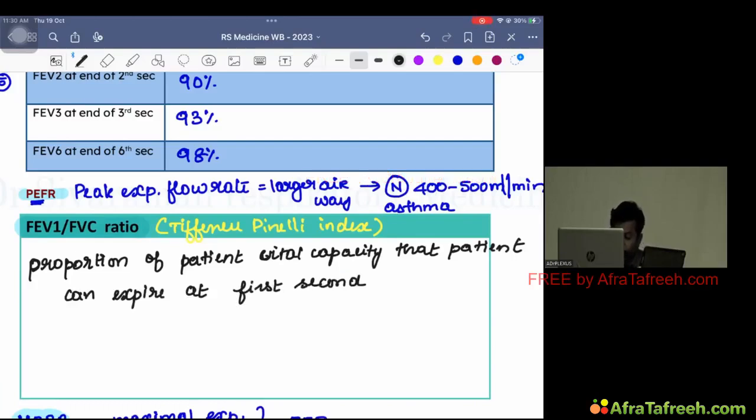Out of the total vital capacity, the proportion that the patient can expire in the first second is called the Tiffeneau-Pinelli index, or FEV1/FVC ratio.